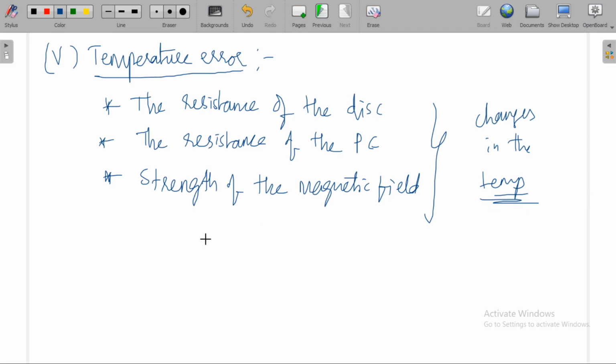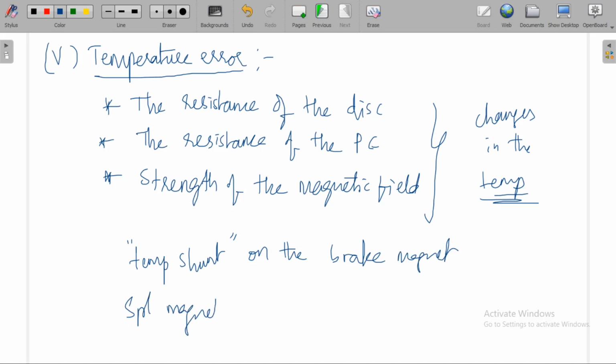The temperature effects can be compensated by using temp shunt on the brake magnet, and by using special magnetic materials such as mu-metal temp.